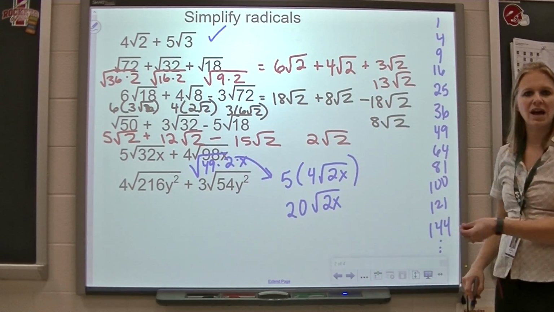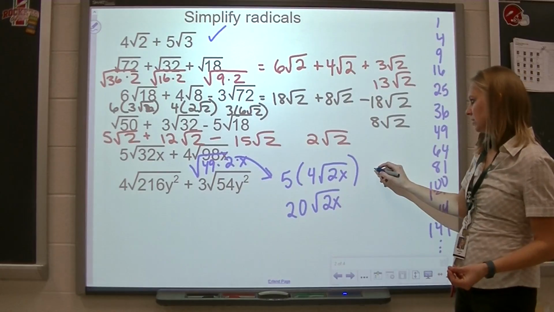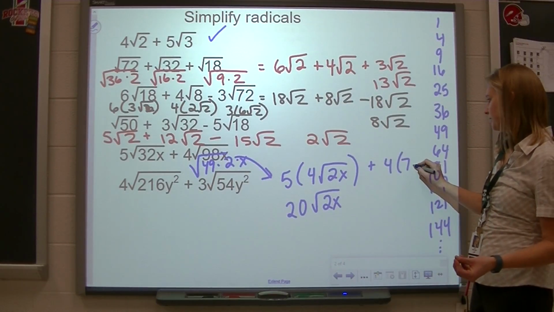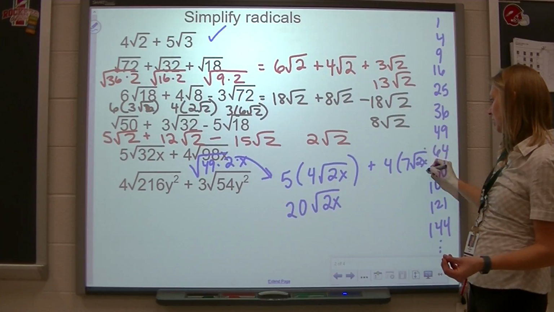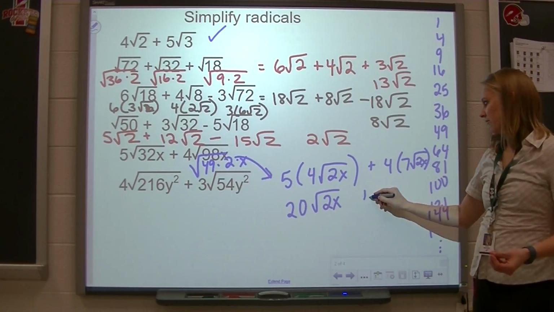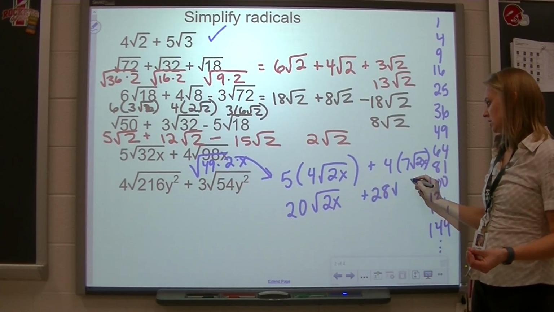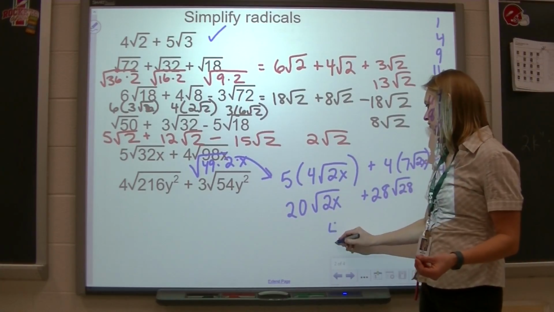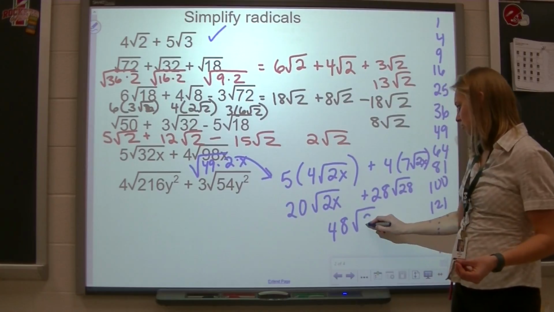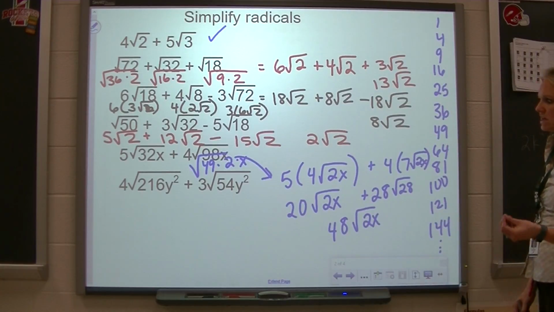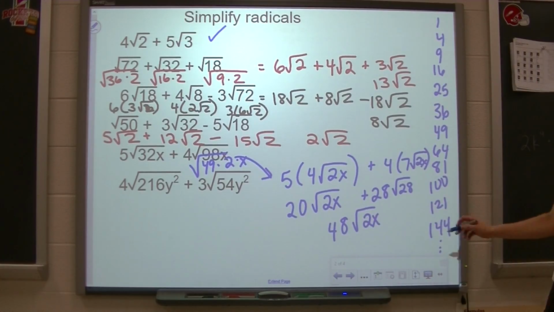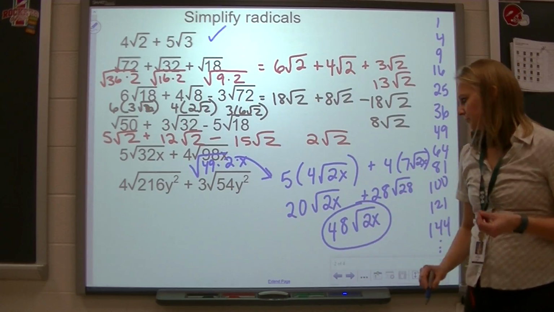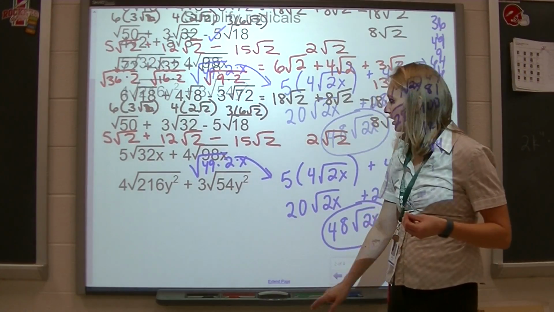The square root of 49 is 7, so we're going to have plus 4 times 7 and then square root of 2x. 4 times 7 is 28, so we have 28 square root of 2x. 28 plus 20 is 48 square root of 2x. And again, we can't take the square root of 2, and we can't take the square root of x, that's why they're staying underneath the radical. So there's that answer.